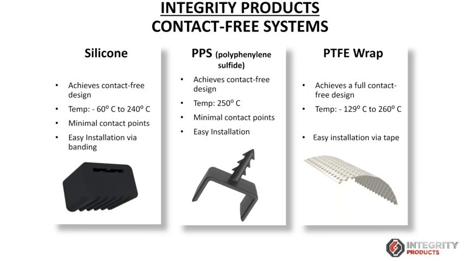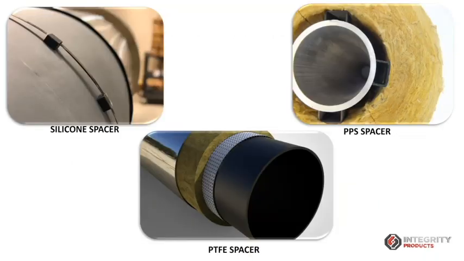With the PTFE spacer wrap, I would like to mention that it's being used on a trial basis on a 3-kilometer pipeline project in Alberta, because our customer had a specific application meant to protect the pipe from chlorides leaching from the insulation.